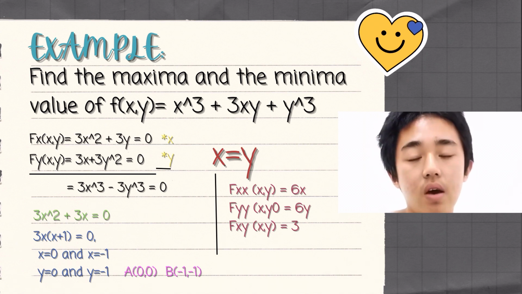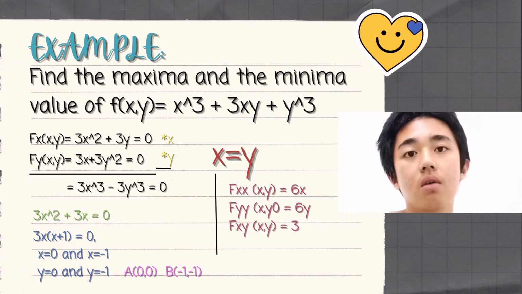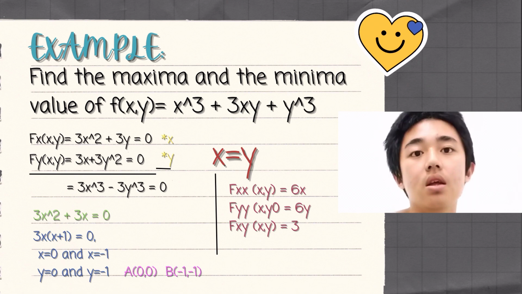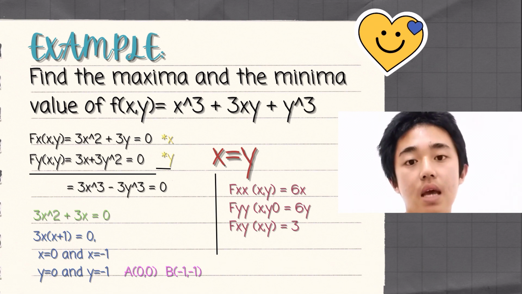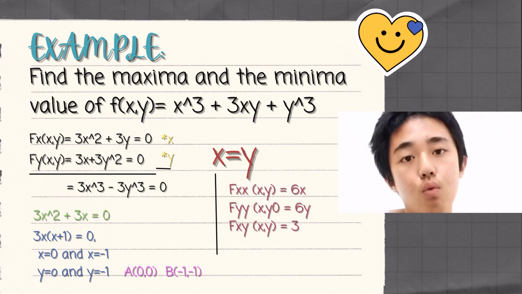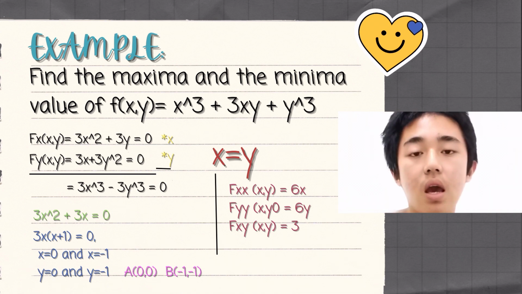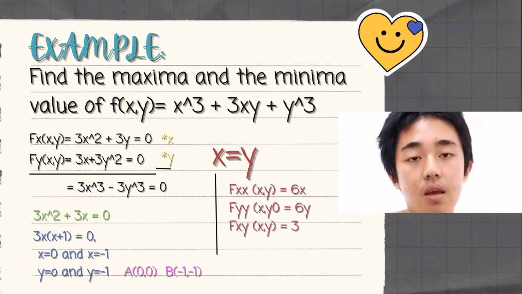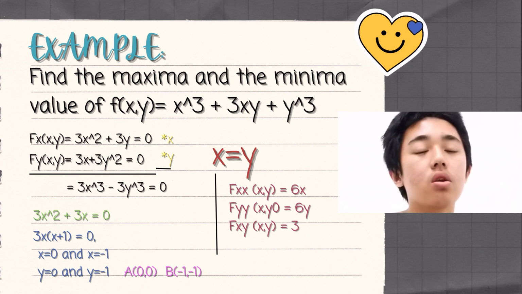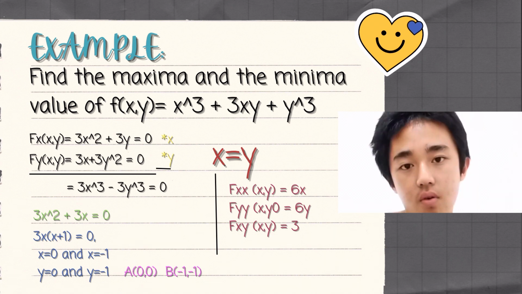So next we're going to find f_xx, and we just differentiate again, so it is 6x, and for f_yy it is 6y, but for f_xy it is 3. Okay, because we already have the numbers, we can continue with the formula.